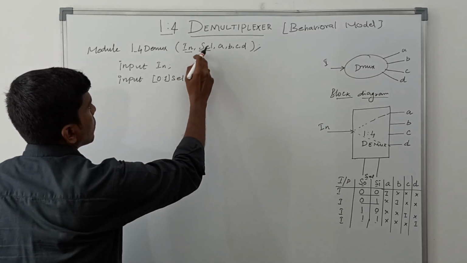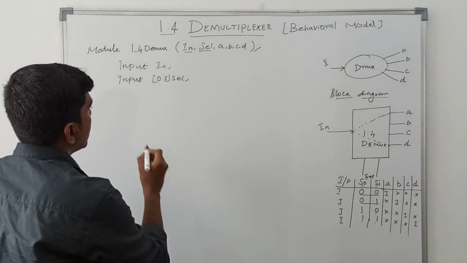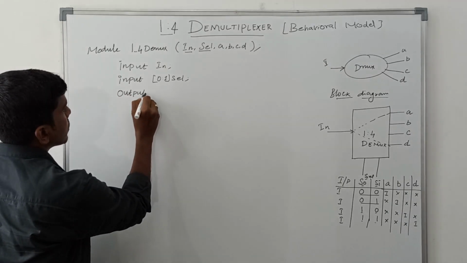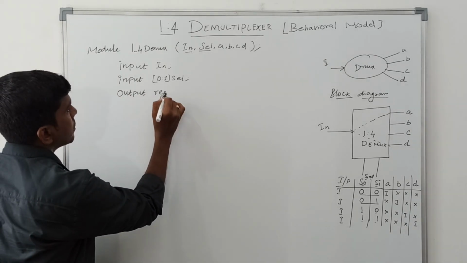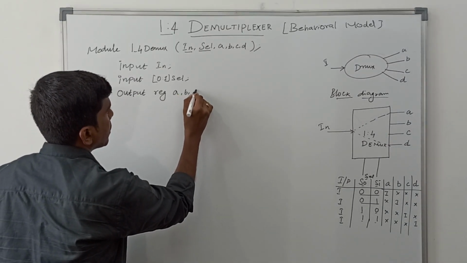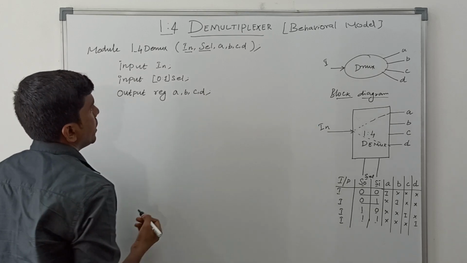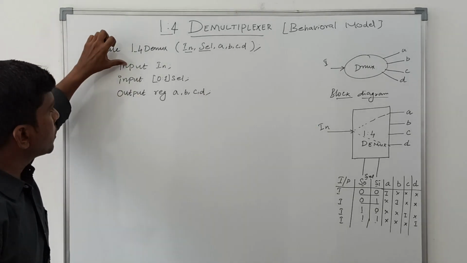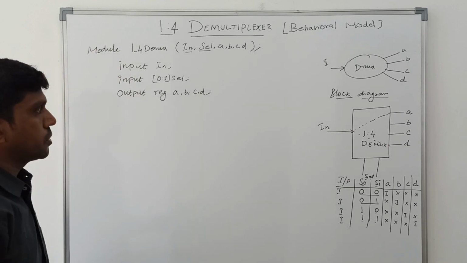These two variables act as input ports. Then output register A, comma, B, comma, C, comma, D. These three statements declare the input and output variables.